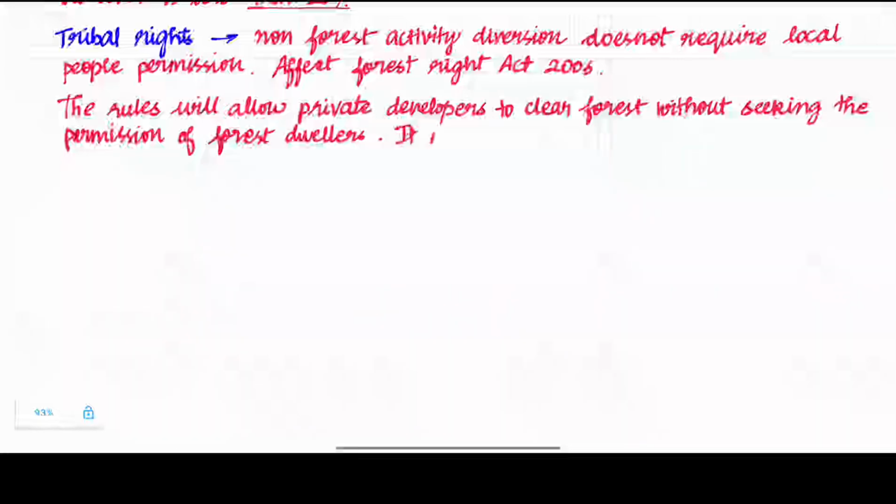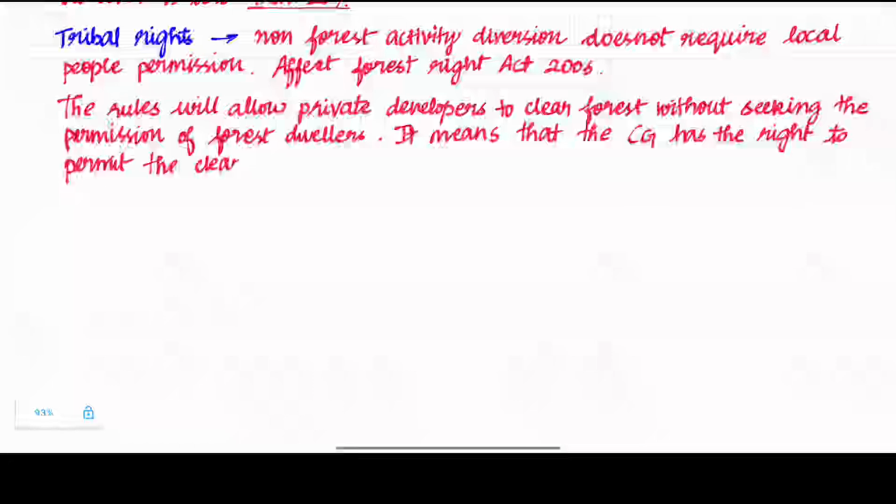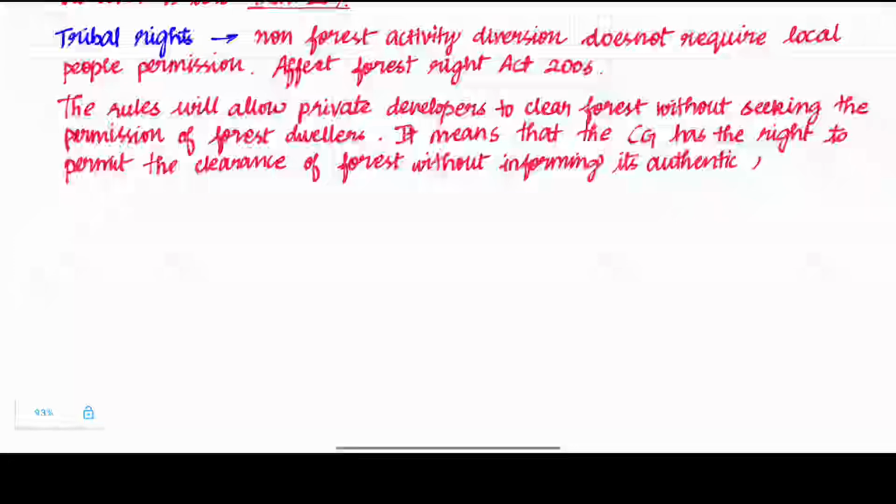It means the central government has the right. Who has the right to permit now? The central government has the right to permit the clearance of the forest without informing its authentic residents. Now, the residents won't have any claim over the forest area in case of diversion to non-forestry activities.